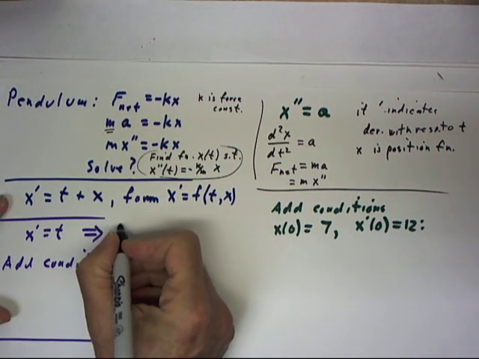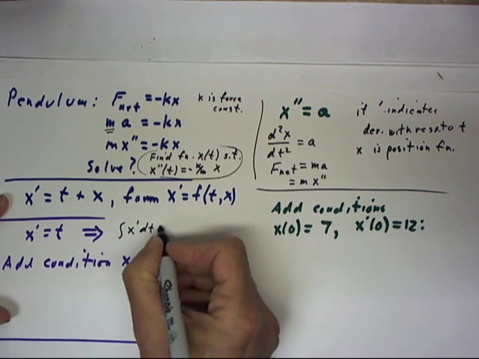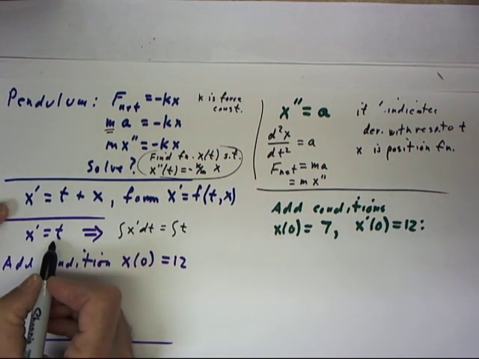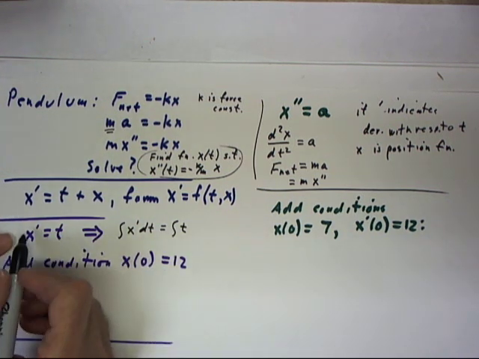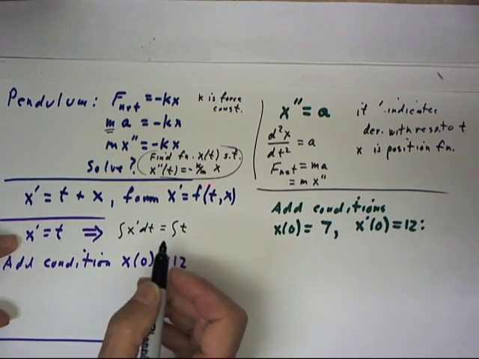What does that tell us? Well, if we integrate x prime with respect to t, then what we should get should be equal to the integral of t. That is, if we integrate both sides of this equation, the results should be the same.